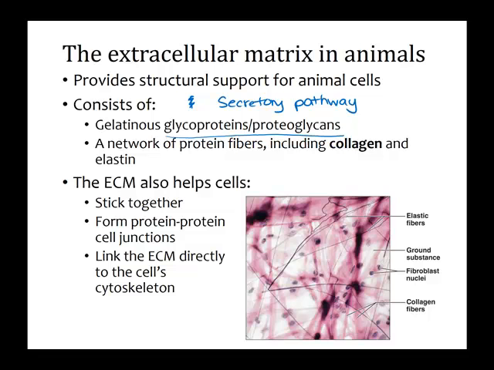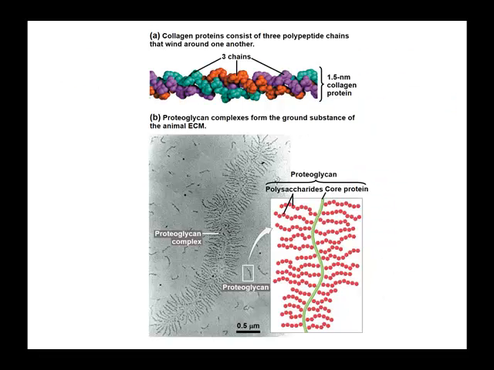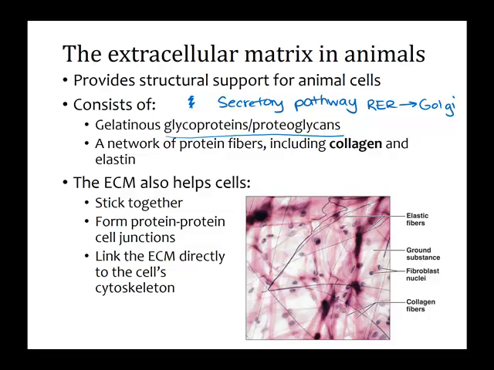Remember that secretory pathway is where we go from rough ER to Golgi. Alright. So these glycoproteins or proteoglycans make up the majority of your extracellular matrix, and they're spit out by your endomembrane system through the secretory pathway.